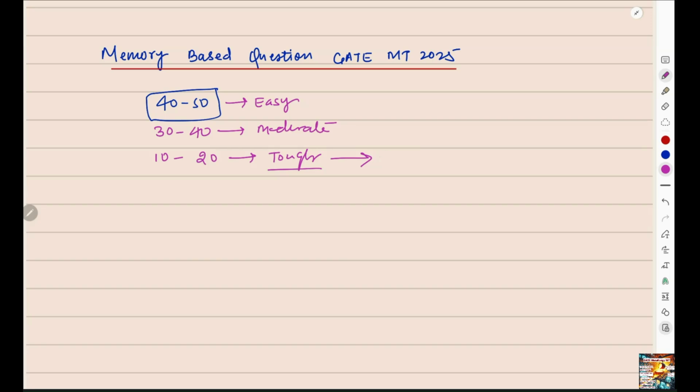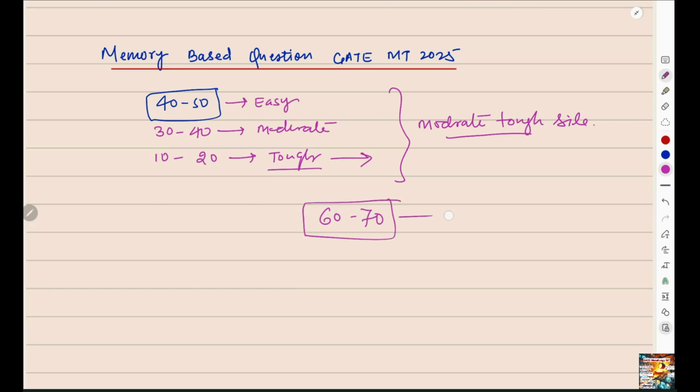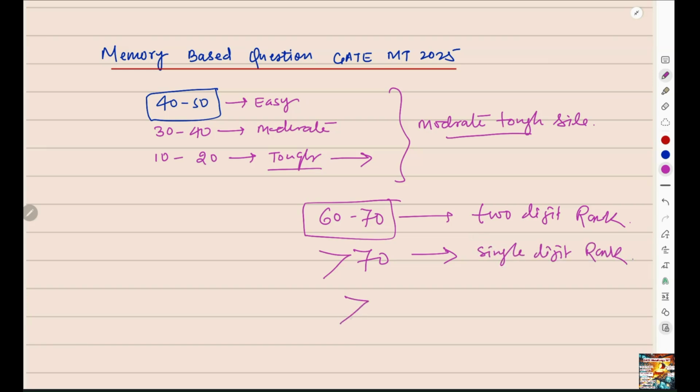So overall we can say the paper was moderate to tough. A student who scores between 60 to 70 marks will definitely get a two-digit rank. If your marks are greater than 70, you can get a single-digit rank. If you score greater than 80, you will definitely top the examination.